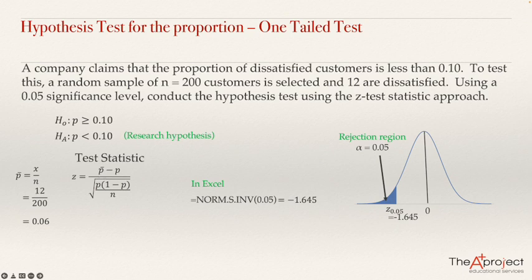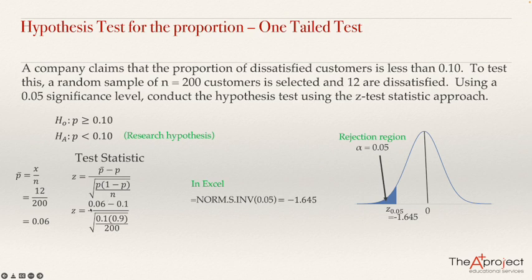So we substitute all these values in the formula for z. This will be 0.06, this p will be 0.10, and n will be 200. So P equals 0.1, 1 minus p is of course 0.9, n equals 200.